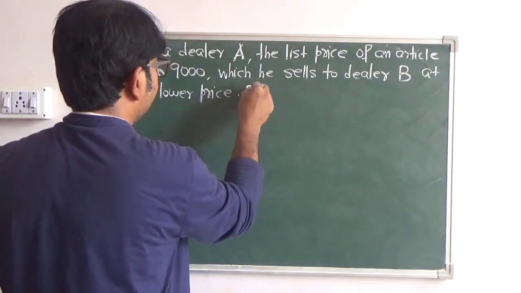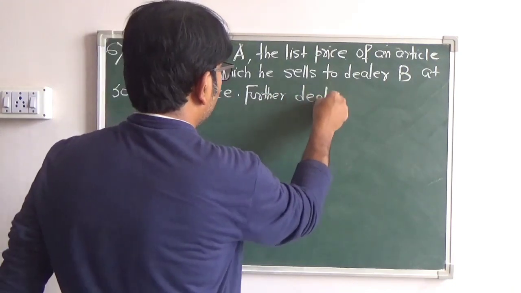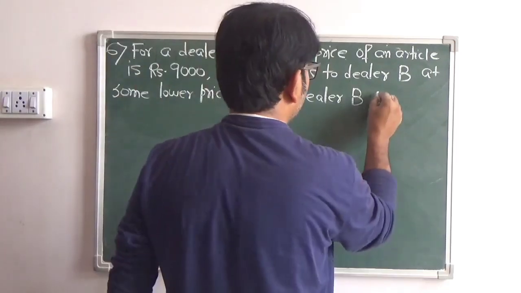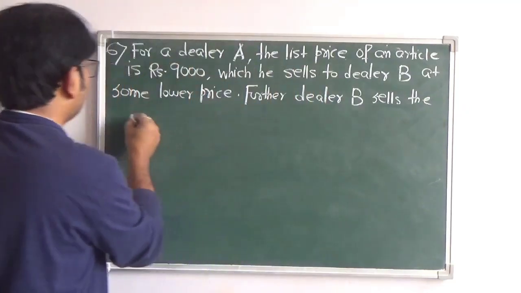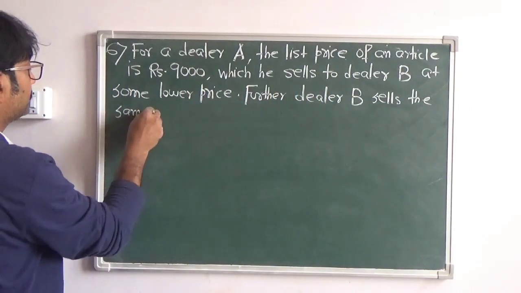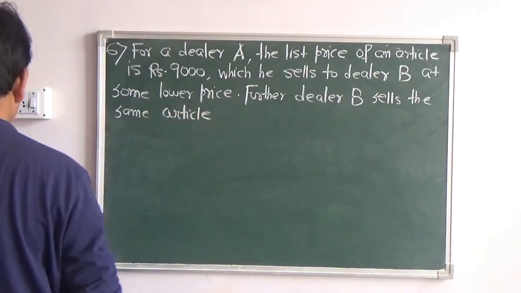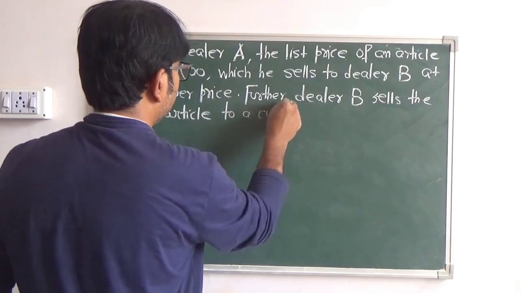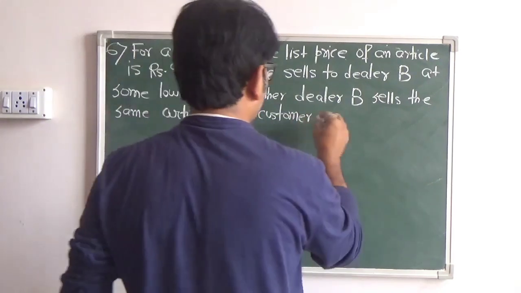Further, dealer B sells the same article to a customer at its list price.